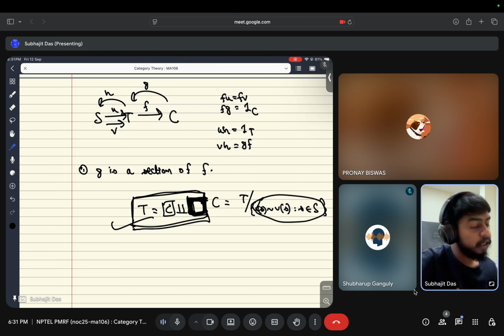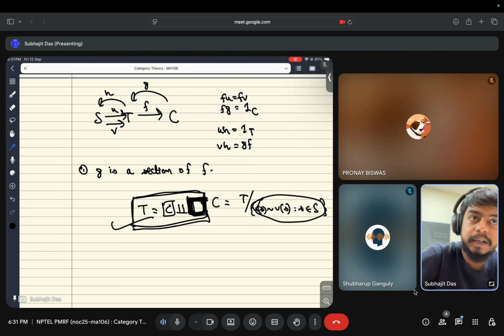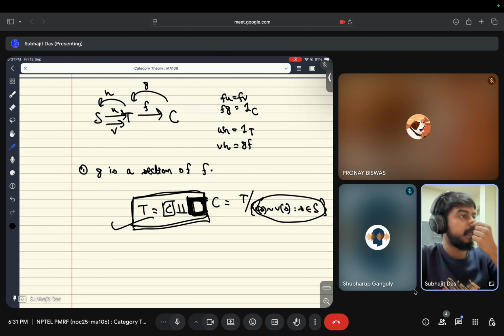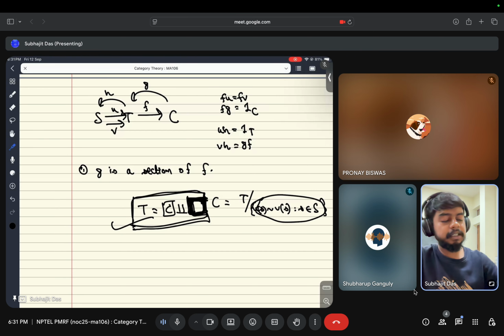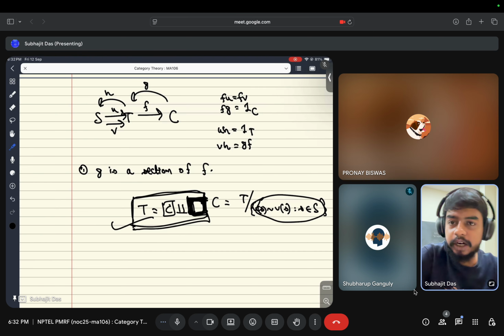One motivation was, first of all, to obtain this monadicity theorem. There are certain co-equalizers in general, for example, suppose you take any co-equalizer which is not a split co-equalizer, then it's not an absolute co-equalizer.